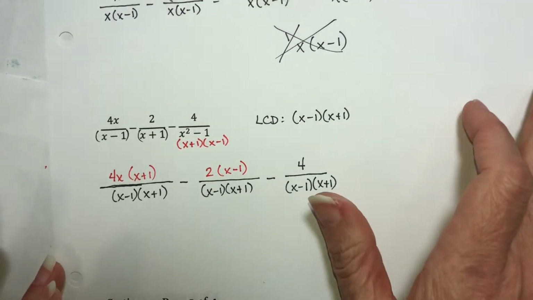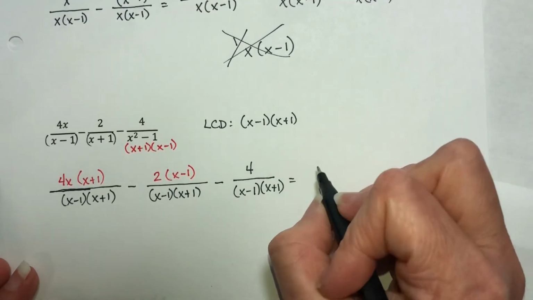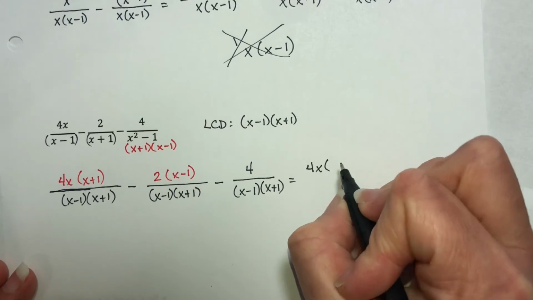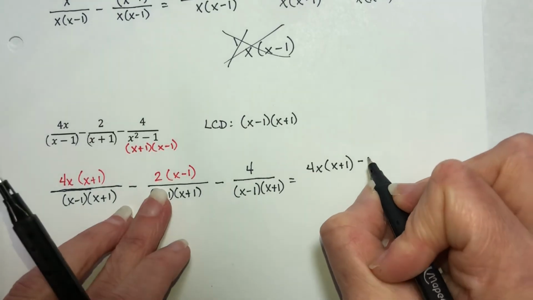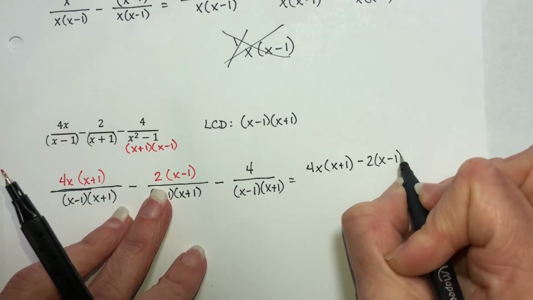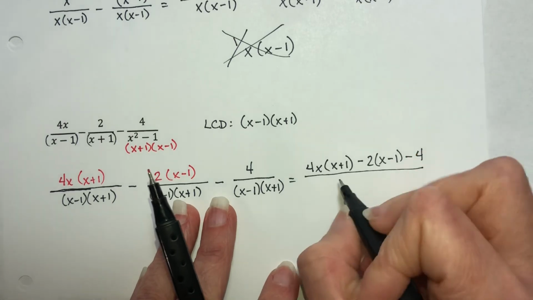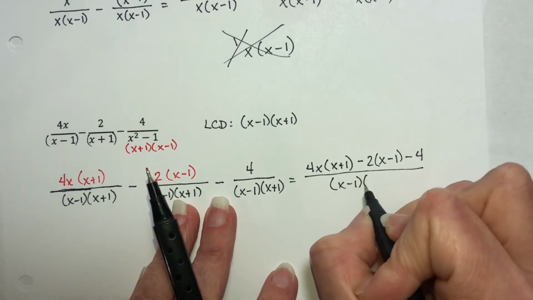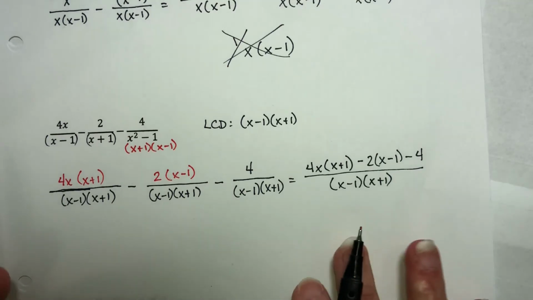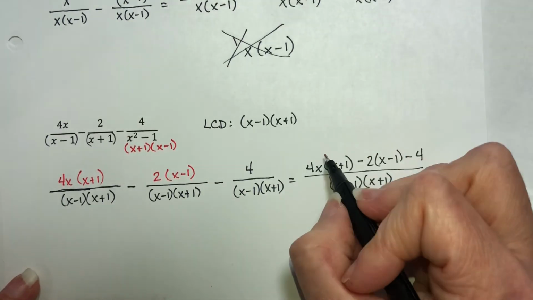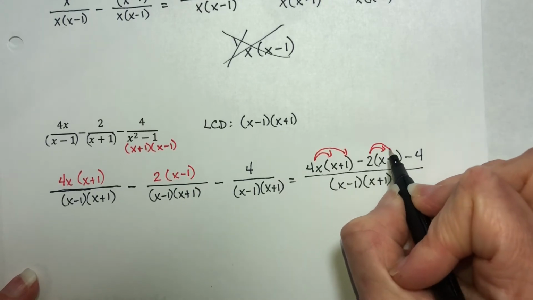Okay, so let's look at what we have here. We have 4x times x plus 1 minus 2 times x minus 1 minus 4 all over x minus 1, x plus 1. Now we definitely want to distribute here and then here so we can simplify.